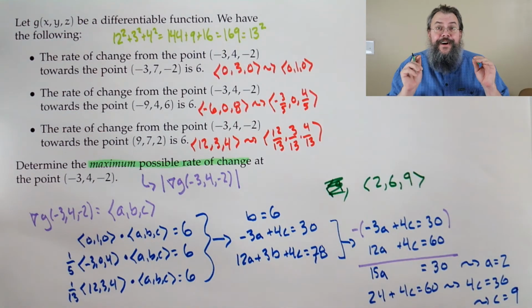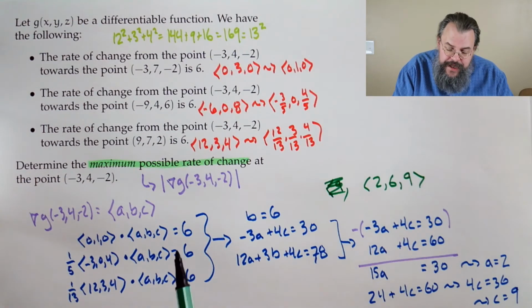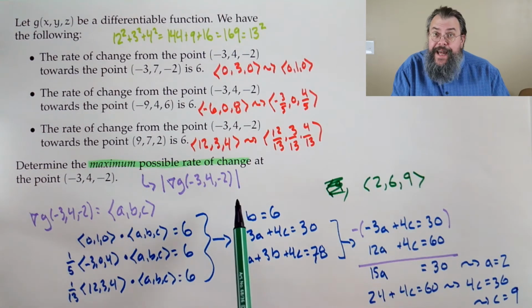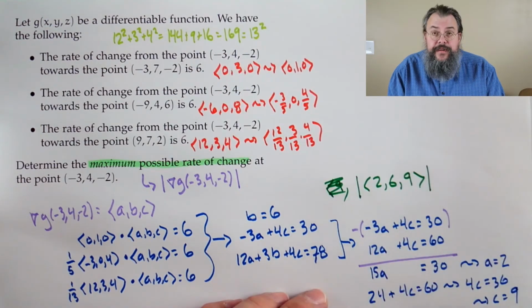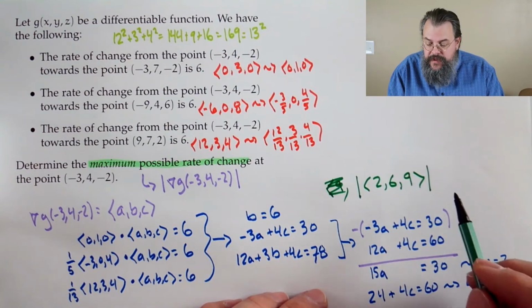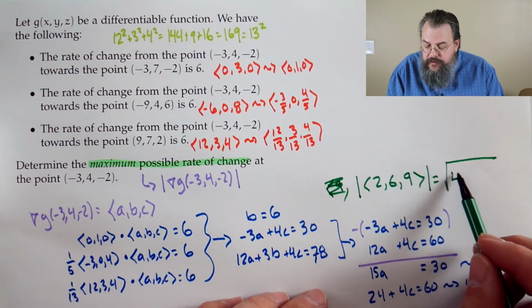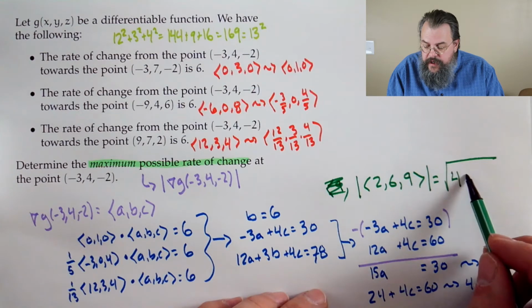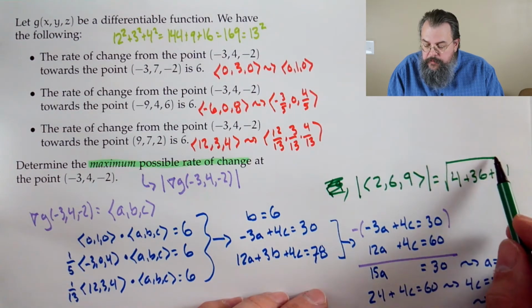That's our gradient. It's not our answer, but how do we finish? Well, we take the magnitude of that. So, whatever the magnitude of this vector is, that's our answer. So it's going to be the square root of 2 squared, 4, 6 squared, 36, 9 squared, 81.